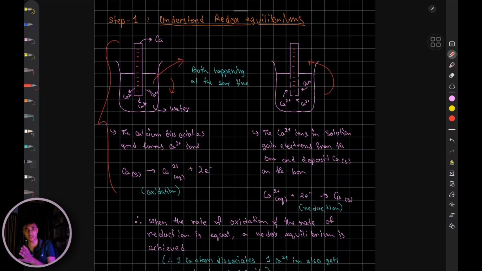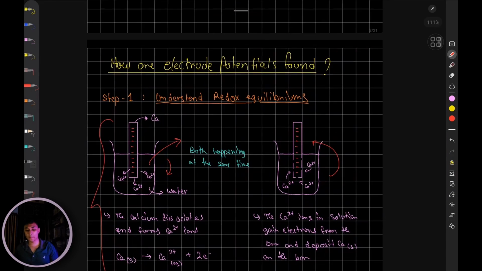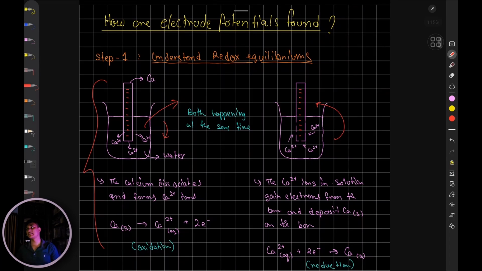That is, the rate of oxidation is equal to the rate of reduction. Now, you can see that once the calcium atoms are dissolved and the equilibrium is established, there is a net difference of charge between the calcium bar, the electrode, let's call it the calcium electrode, and the calcium solution. So you have the calcium solution over here, Ca2+, and you also have the electrode, Ca.